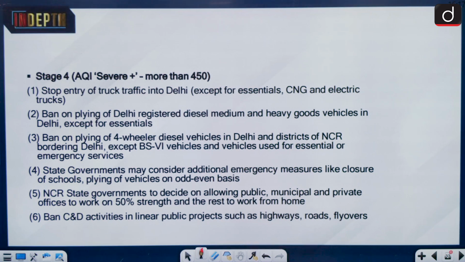State governments may consider additional emergency measures like closure of schools, plying of vehicles on odd-even basis. NCR state governments to decide on allowing public, municipal and private offices to work on 50% strength and the rest to work from home if possible. Ban C&D activities, construction and demolition activities basically, in linear public projects such as highways, roads and flyovers.